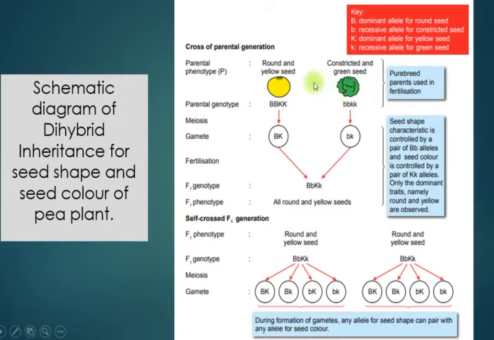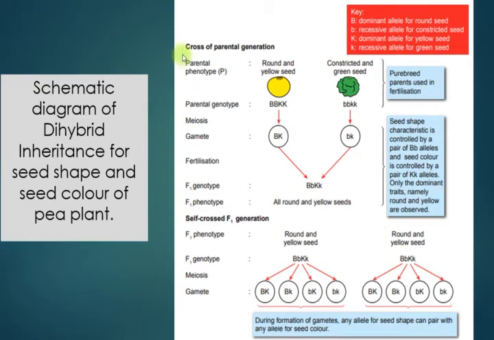So how do we construct a schematic diagram? We are going to discuss how to construct a schematic diagram of the dihybrid cross, so please pay your attention.